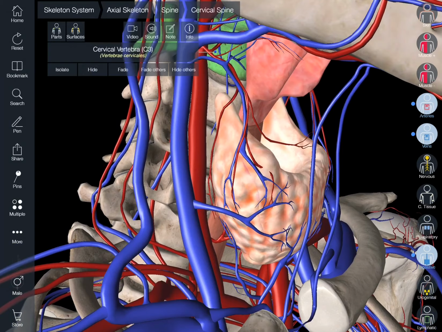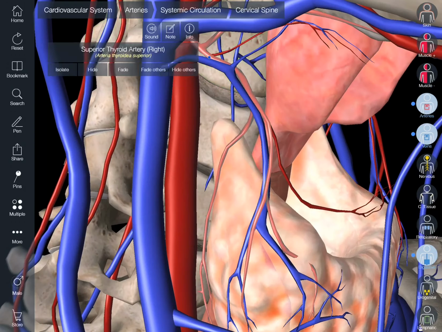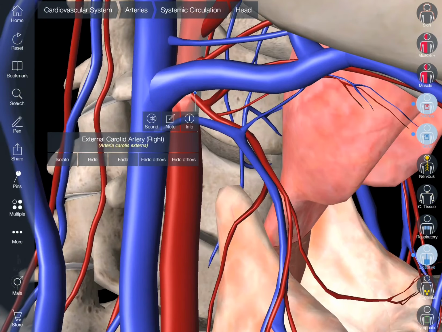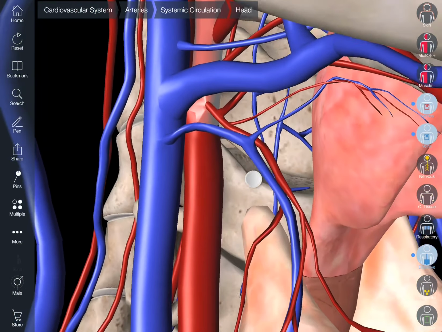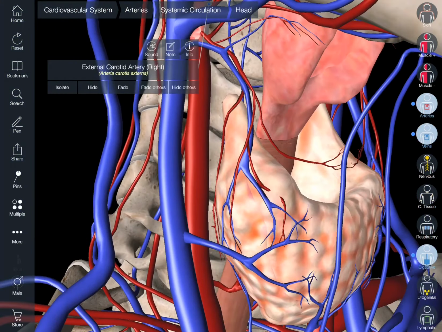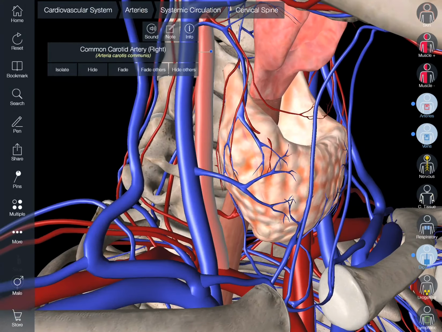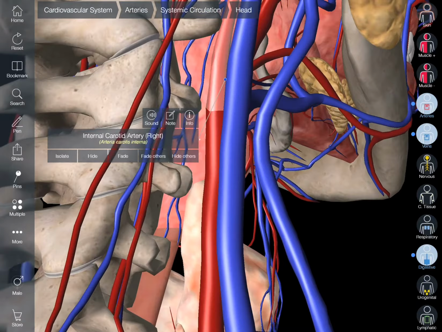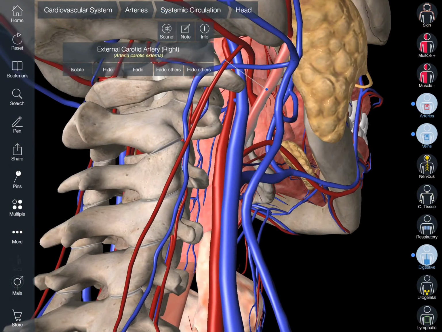By the way, the superior thyroid artery branches off from the external carotid artery. We're going to talk about that later on, because the common carotid artery will give off two major branches: the internal carotid artery and the external carotid artery.